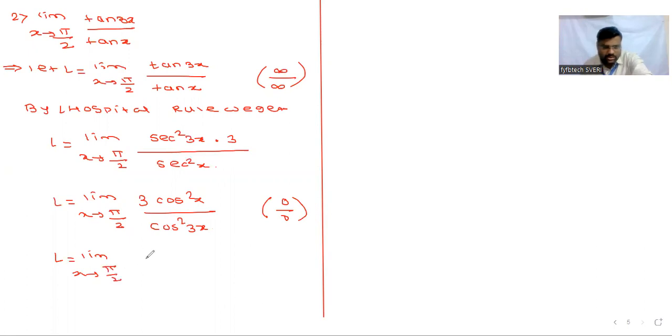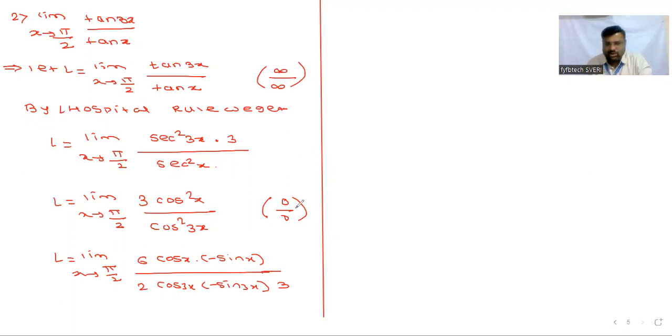It is 6 cos x into derivative of cos x, which is minus sin x, divided by 2 cos 3x into minus sin 3x into derivative of 3x, which is 3. So these 3 and 2 get cancelled with the numerator. What do you get as the answer?